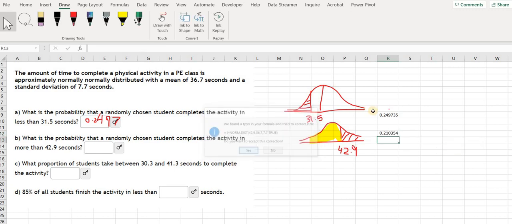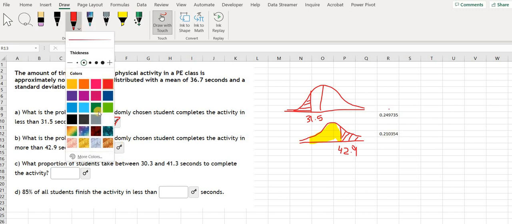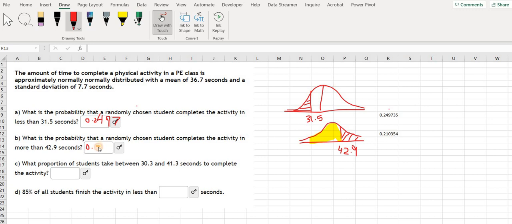And that is going to be the answer. So it is 0.2104.